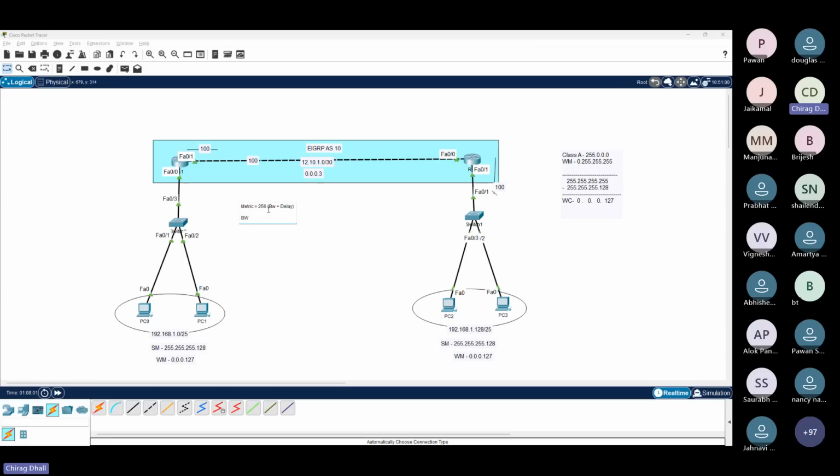For bandwidth, I can say 10 raised to the power 7 divided by 100 Mbps converted into kbps. To convert Mbps into kbps, you have to multiply by 1000. So 100 multiplied by 1000 will give me 100 and 3 more zeros. Do you agree? Perfect. Delay is going to be 200 divided by 10. Do you agree?